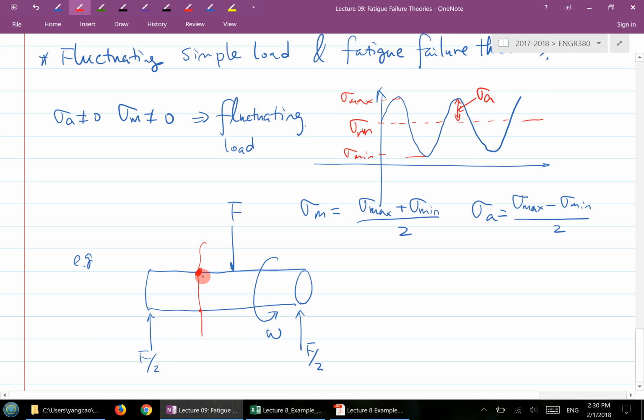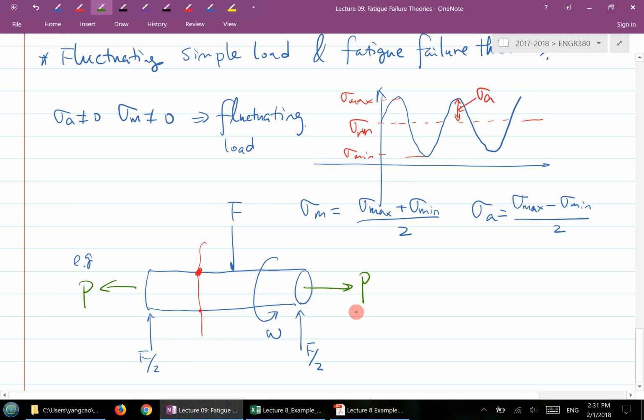Now if I add one additional force for loading, so let's say I have a constant axial loading added to this shaft. You see, there's a constant axial loading added now.